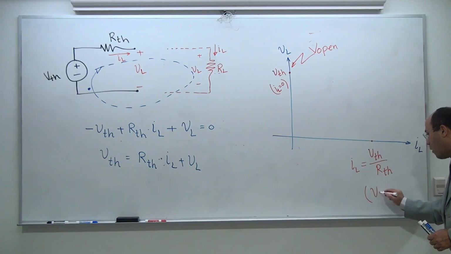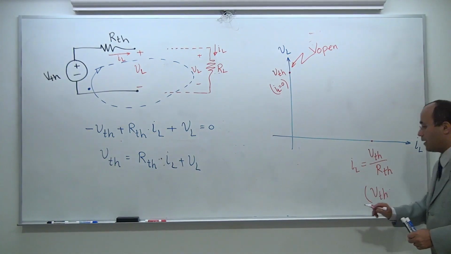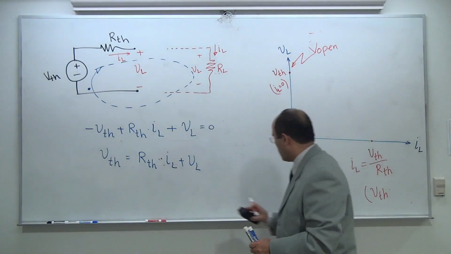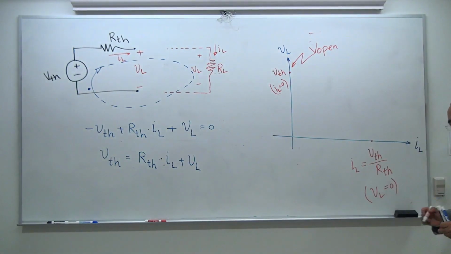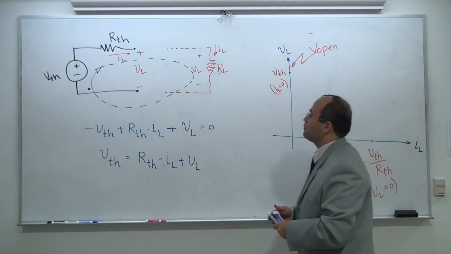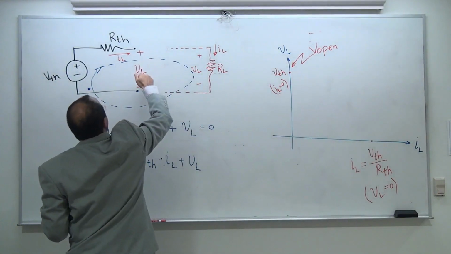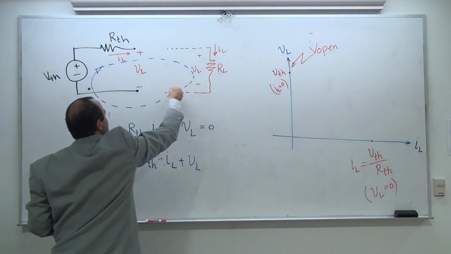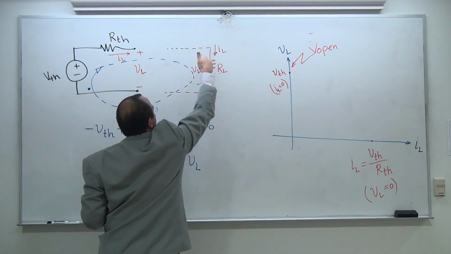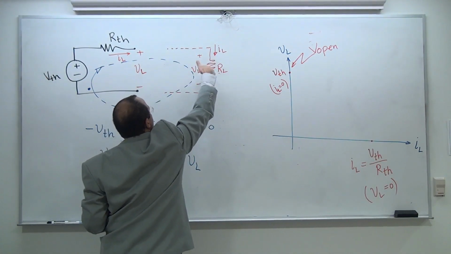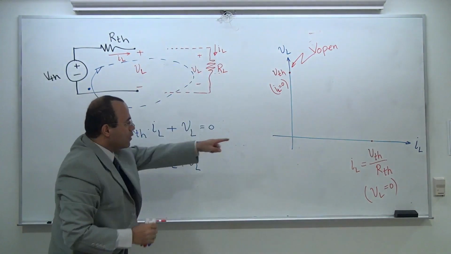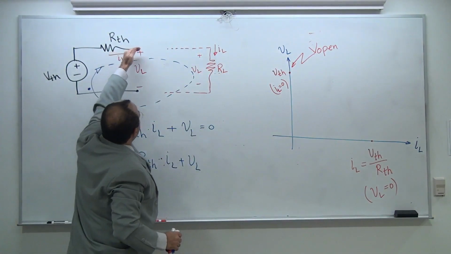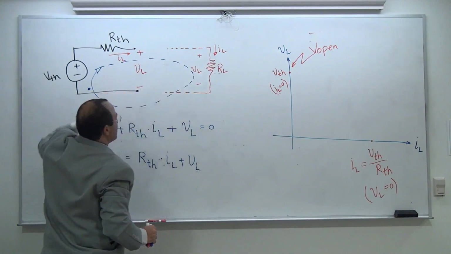The condition though is VL is 0. What do I mean by VL is 0? We talked about it in the past. When VL is 0, one of the possibilities is that RL is 0. RL is 0, you have a short line. If I want to find IL, all I have to do is short this and get that.